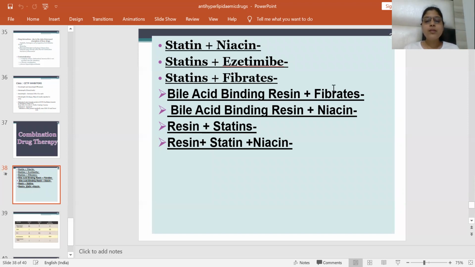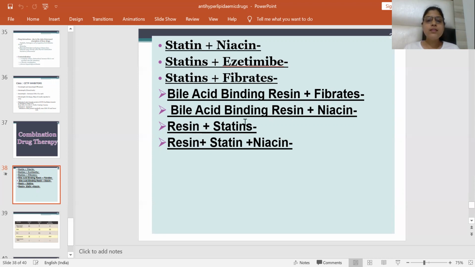Fibrates are the lipoprotein lipase activators, which convert the chylomicron remnants into LDL and VLDL, which will reduce the levels of LDL and VLDL, with niacin, which is the lipolysis inhibitor. So reduce triglyceride levels, reduce free fatty acid levels, reduce LDL and VLDL levels.